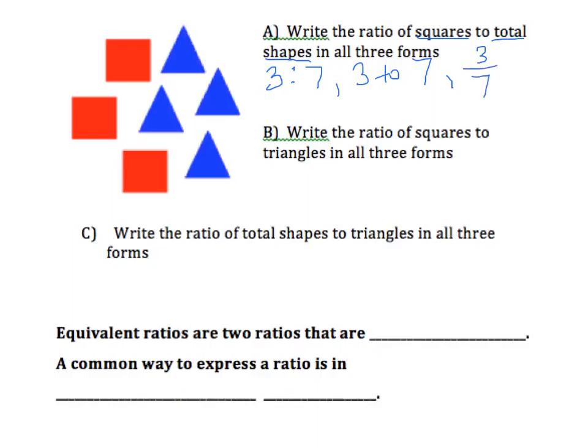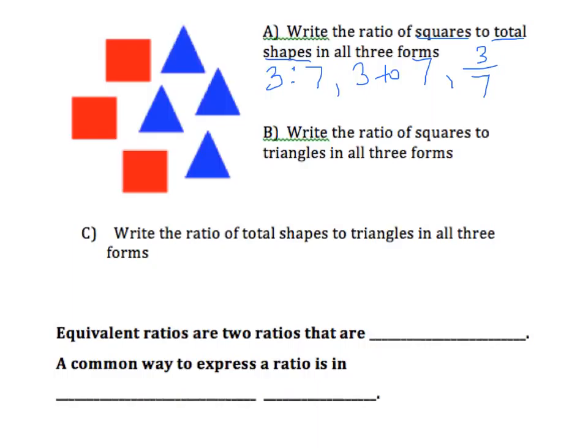And that's the ratio of squares to total shapes, and it's written in all three forms, or all three ways. If we think about what kind of ratio this is, well, this is a part to whole ratio, because we're comparing the part of the picture that are squares to the whole thing, the total shapes that would be the whole.